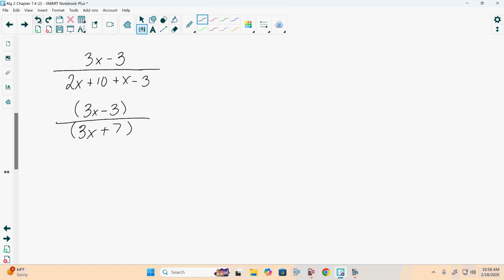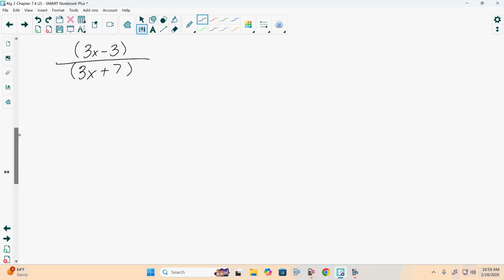But yes, at this point, we do need to start looking at simplifying, yes? So the first thing we have to look for simplifying is seeing if there's a greatest common factor or ways to factor the top and bottom. Well, wait. The numerator 3x minus 3 has the greatest common factor of, almost, not x, but 3, that we can factor out so that we can see if something simplifies on the top with the bottom.